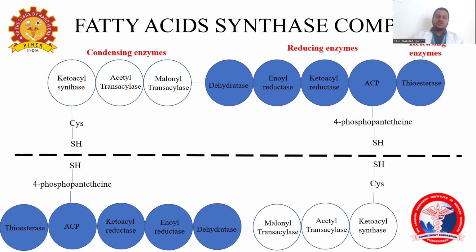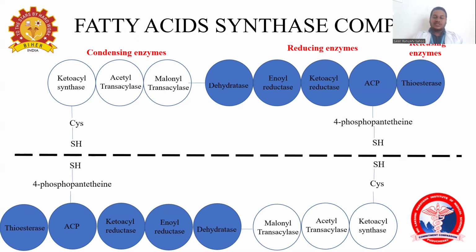Yes, again I'm trying to make it clear. The condensing enzymes are ketoacyl synthase, acetyl transacylase, and malonyl transacylase, whereas the reducing enzymes are dehydratase, enoyl reductase, ketoacyl reductase, and ACP, the acyl carrier protein, and the releasing enzyme is thioesterase.